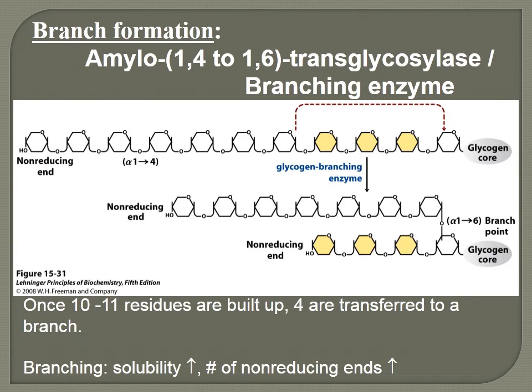And you remember, the branching increases the solubility of the glycogen inside the cell, and also it increases the number of non-reducing ends which are required for both polymerization as well as for the degradation.